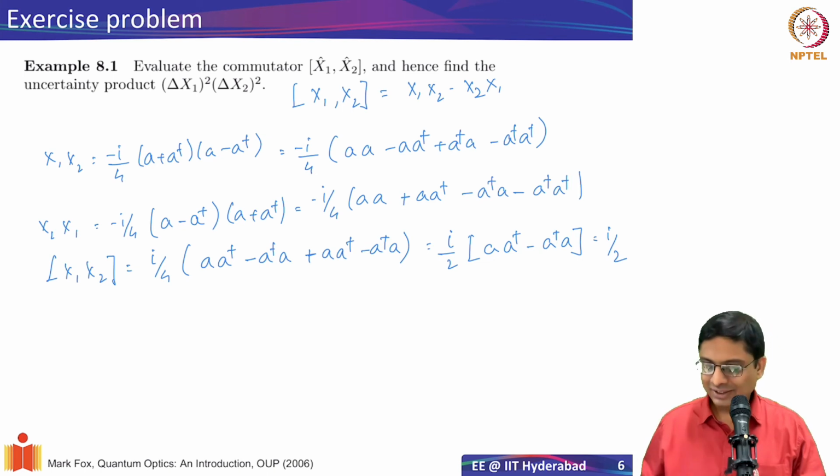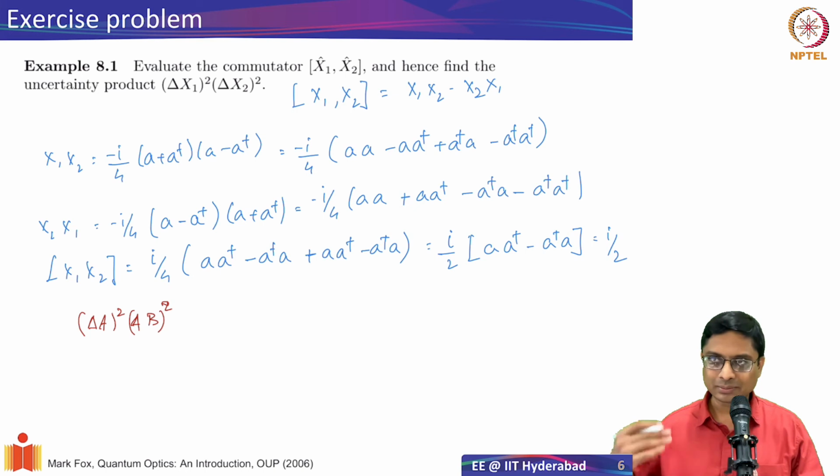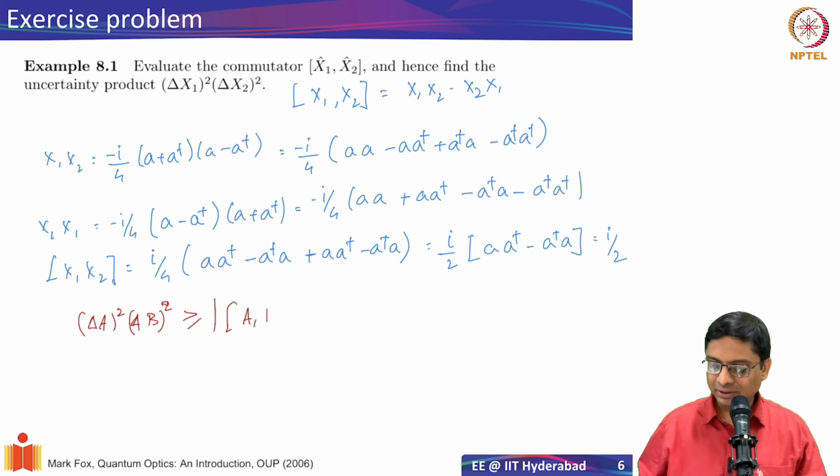Statistical analysis will tell you that for two operators A and B, the variance of A times the variance of B is always greater than or equal to the commutator bracket between the two, whole squared, divided by 4.